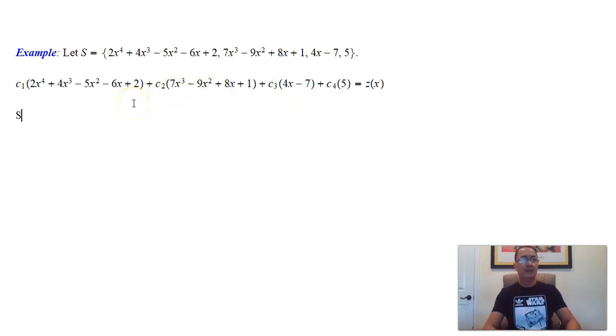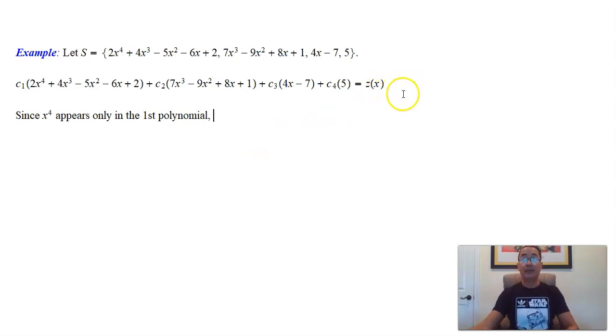Since x to the 4th appears only in the first polynomial, what has to happen? Well, there's a 0 x to the 4th on the right side, so 2c1 must be 0, and so c1 equals 0. That's the only possible value for c1 if you want to satisfy this equation.